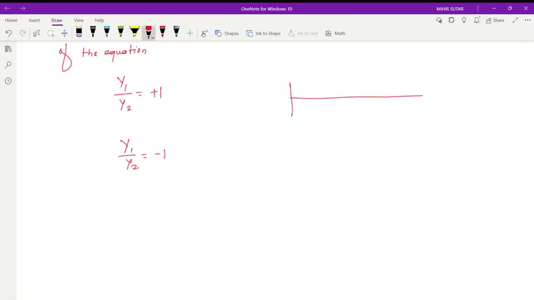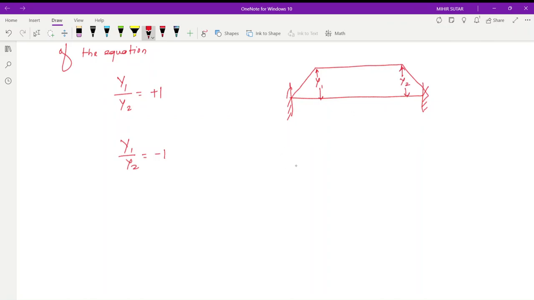they will be like this. For the first mode shape, this is y1 for plus 1, this is y2.